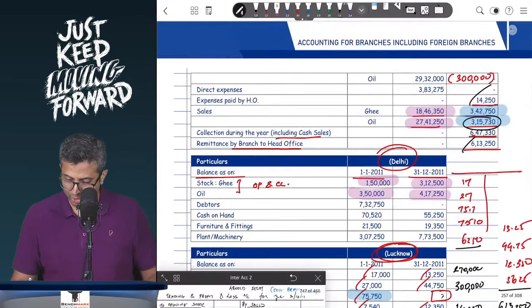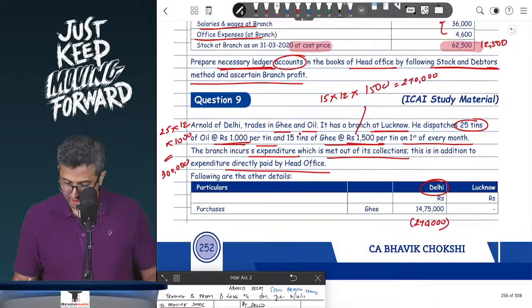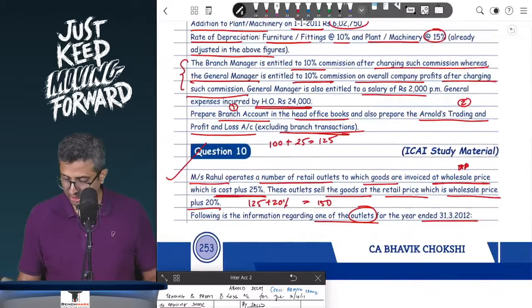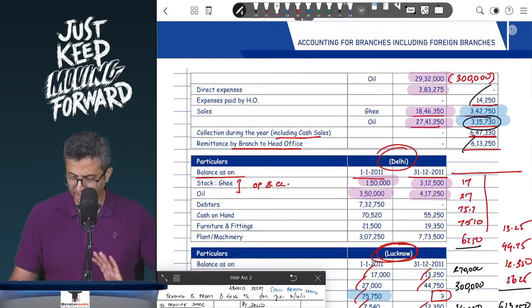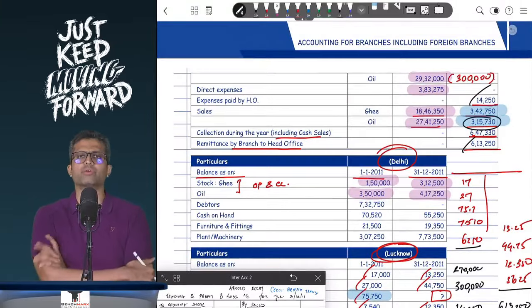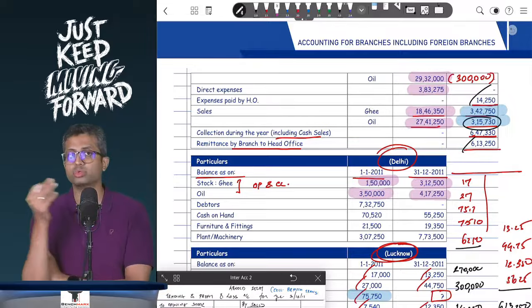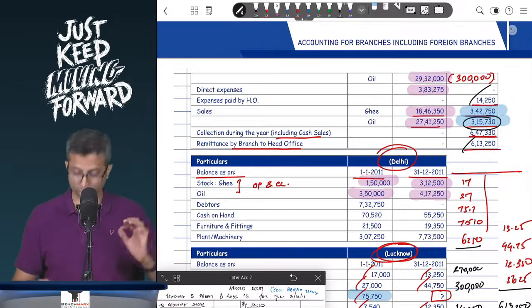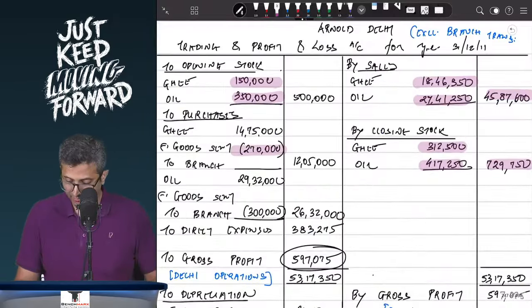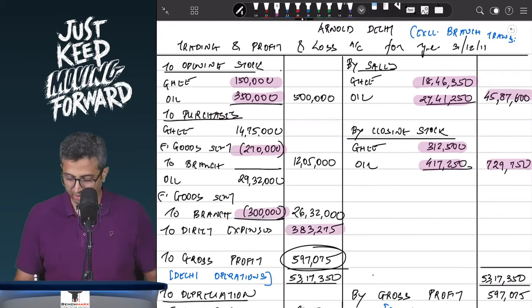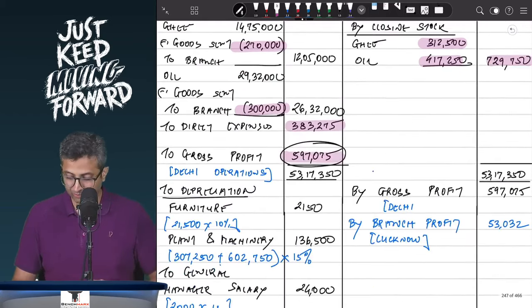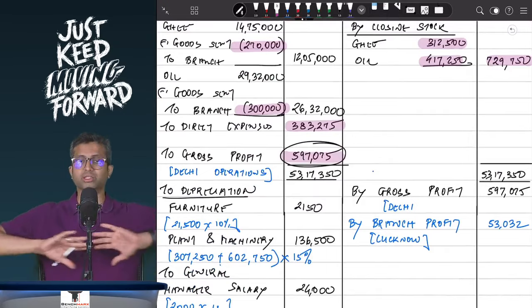So, when you go to see, there would be data regarding purchases for ghee as well as purchasing for oil, and there are some other direct expenses. So, from this, because it is excluding branch, we will remove the goods sent to branch. So, as you can see over here, minus 2,70,000 removed, minus 3 lakhs removed. Because it is direct expenses, this will impact the gross profit as well, and hence this will give you the gross profit. This is other than the branch transactions.